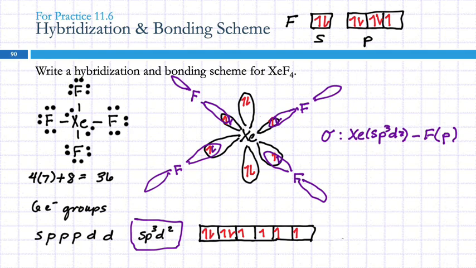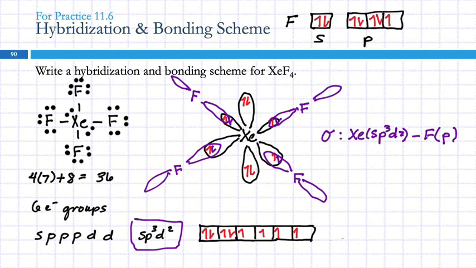Okay, so anybody have any questions about this? What is the first sp3d2? So I see that there are 6 electron groups, and so I'm going to take that highest floor of the hotel that has any electrons on it, the valence floor, and I'm going to need to get 6 beds into one room.